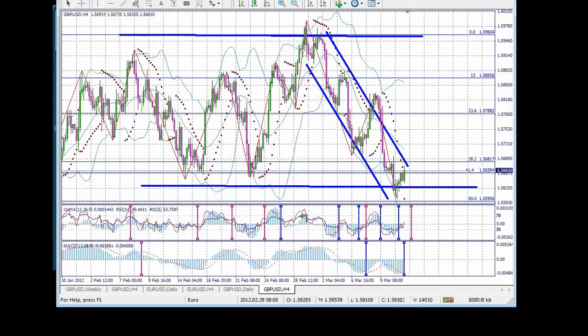Here we have one signal for sell and also the signal from the histogram. We can see that here was one point of reverse for the pair.